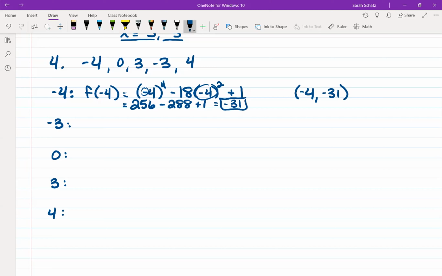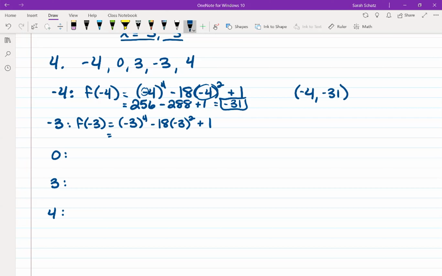All right, let's put the -3 in. So f of -3, that's going to be -3 to the 4th minus 18 times -3 squared plus 1. So when we work this out, again, those negatives are going to go away because we're taking them to the 4th and then squared.